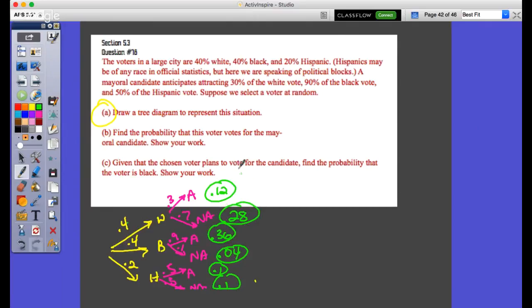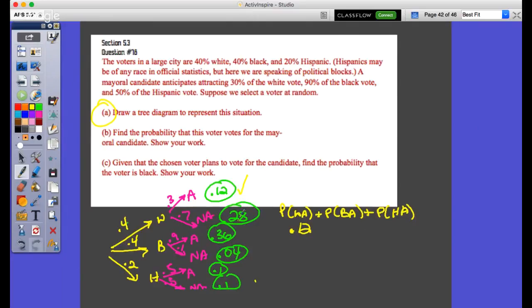But then it says find the probability that this voter votes for the mayoral candidate. So who would vote for this candidate? Well, the ones that are attracted, right? So we would say 0.12 for the whites that are attracted. So the probability of whites attracted, plus the probability of black people who are attracted, plus the probability that Hispanic people would be attracted.